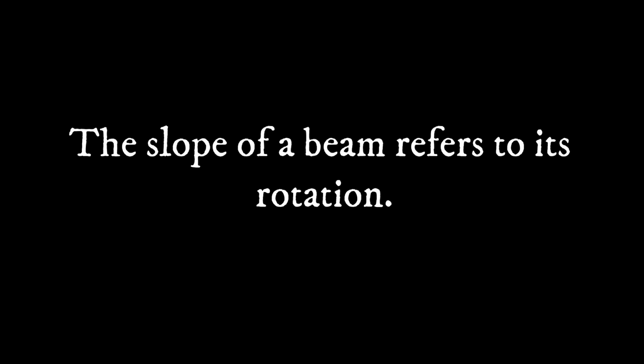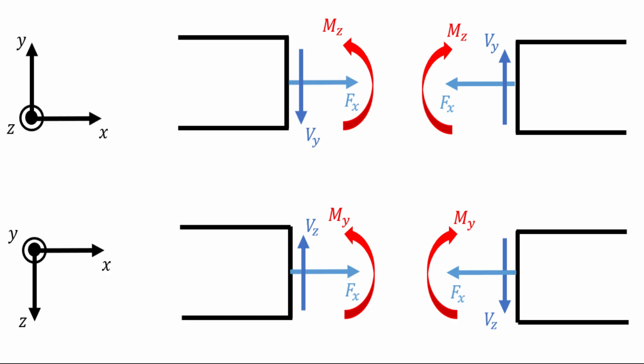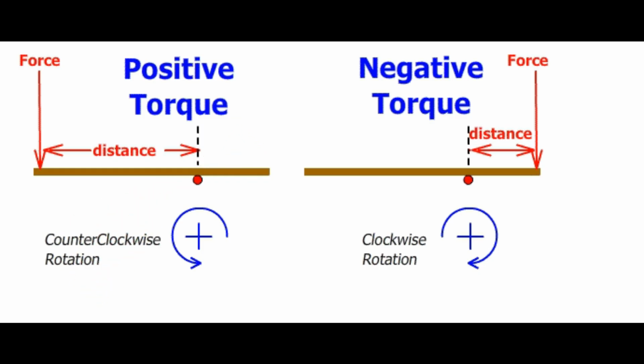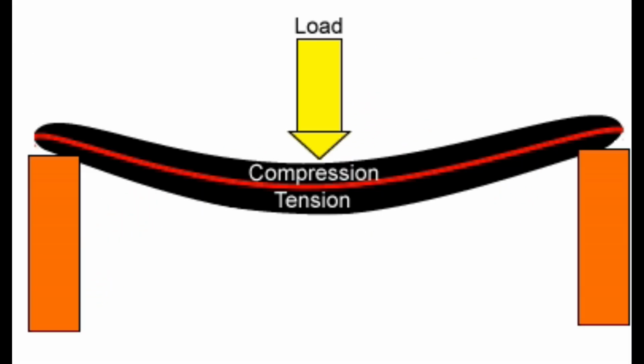The slope of a beam refers to its rotation. Clockwise rotation is considered positive and anti-clockwise rotation is considered negative. For stress, tension stress is taken as positive, while compression stress is taken as negative.